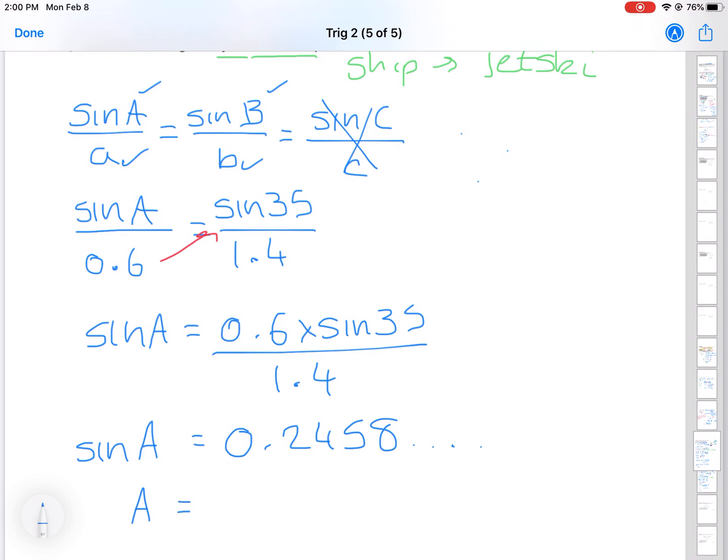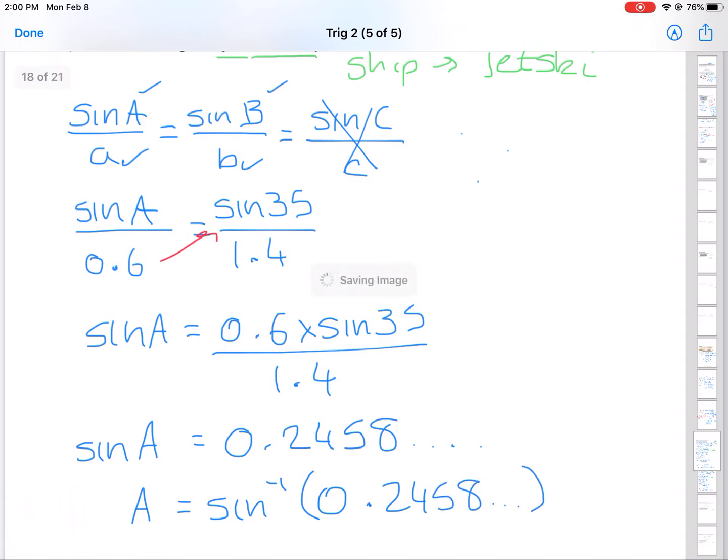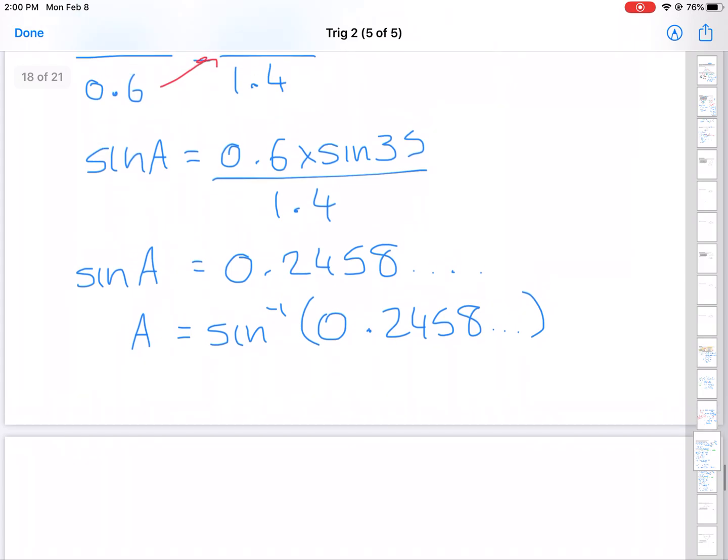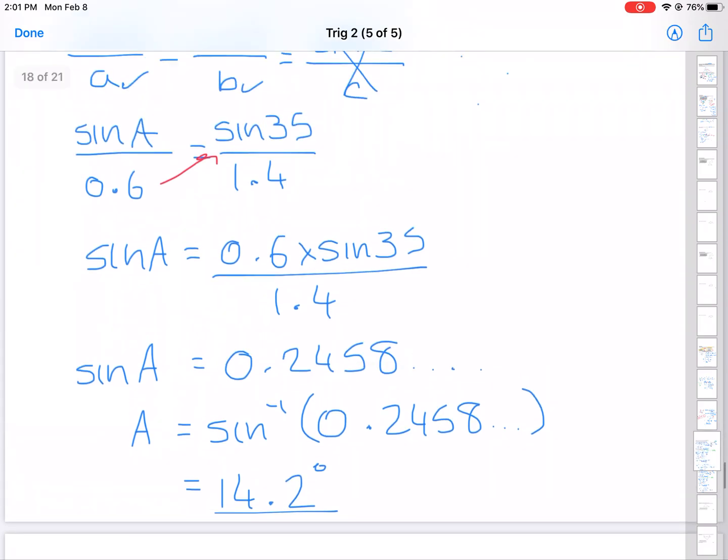So A is sine to the minus 1 of that decimal, making sure we include maybe 4 decimal places just to get enough accuracy. So shift sine of answer into the calculator. That angle in there has to be 14.2 degrees to 1 decimal place.